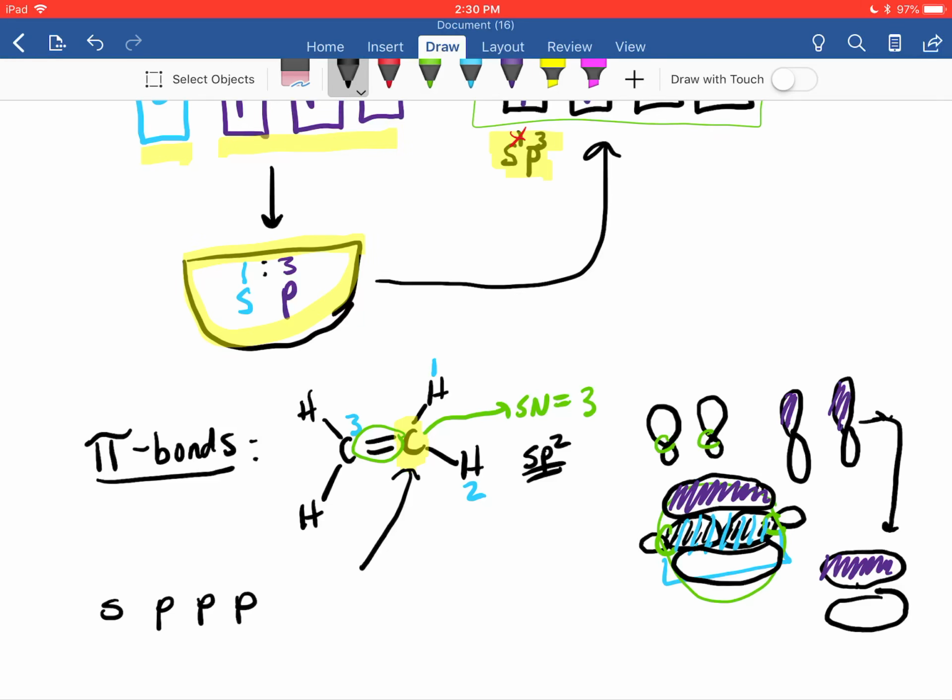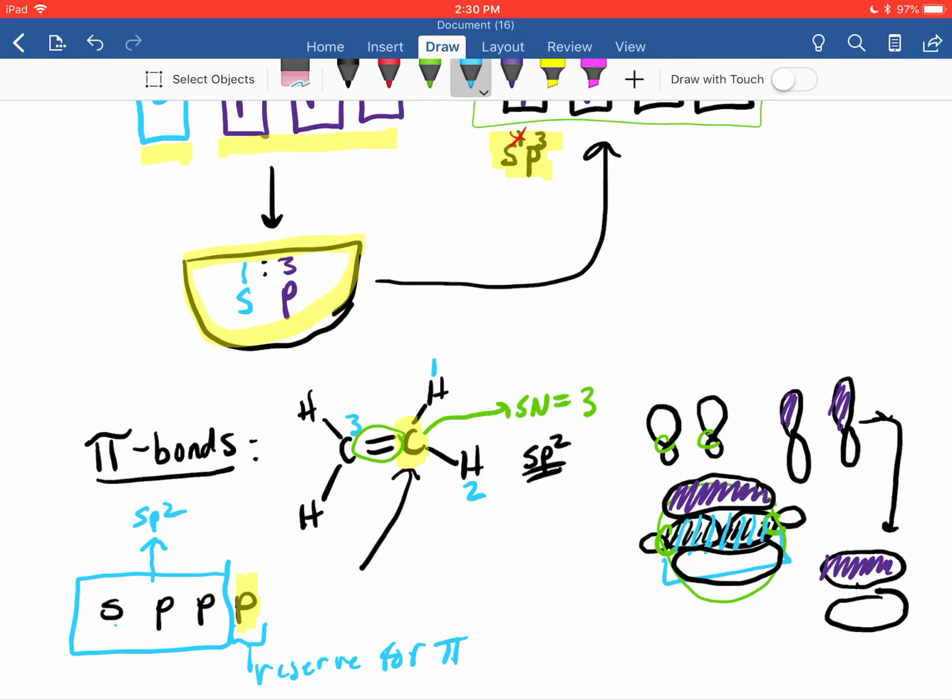If I need to reserve one for a pi bond, then what do I have left to hybridize? I've got an s orbital and 2 p orbitals. And so with something that has a pi bond, when it does hybridize its orbitals, it's going to hybridize with one less p orbital. So if we have one pi bond, instead of being sp3 hybridized, we're then going to get sp2.